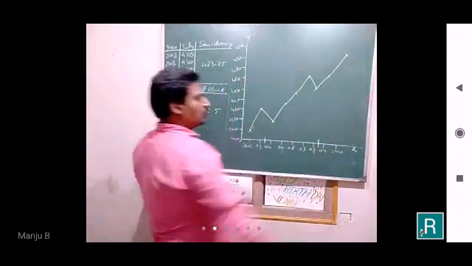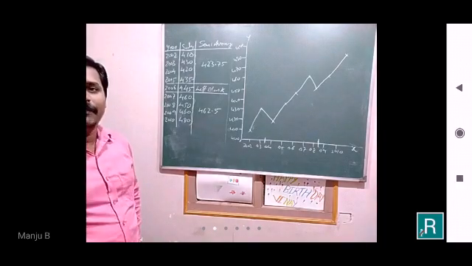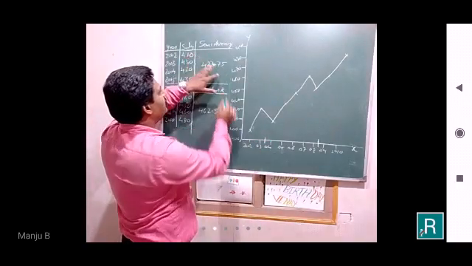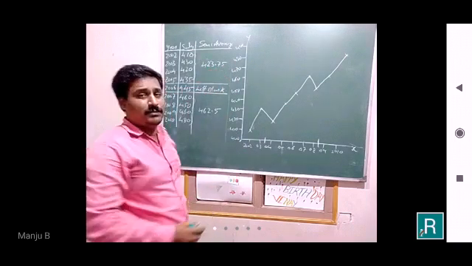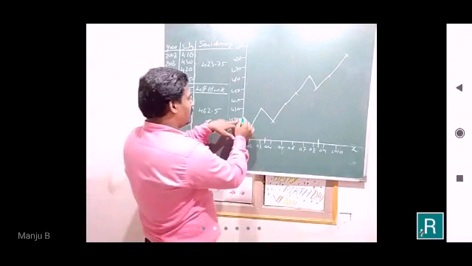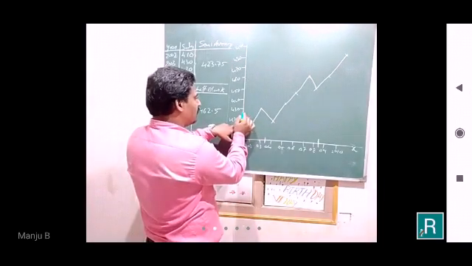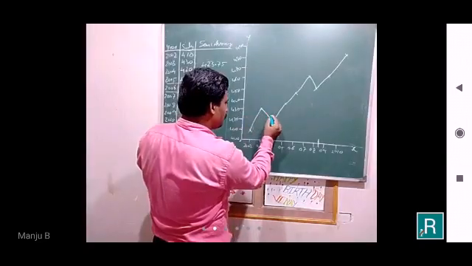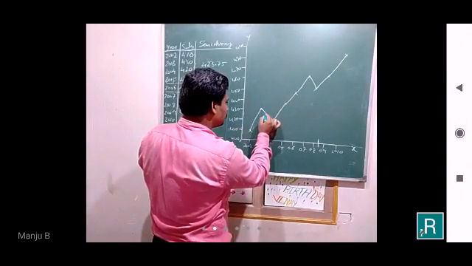For the first, 2003 and 4, it is 423.75, approximately 424. Exactly middle of 420 and 430 means 425, so just 1 millimeter below that. So that comes here.